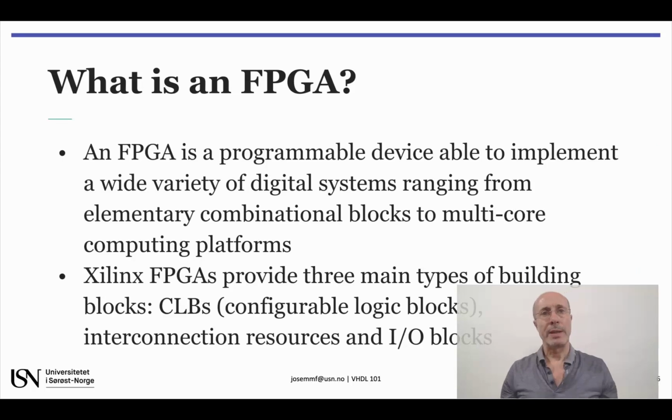In general terms, we can describe an FPGA as a programmable device supporting the implementation of a wide variety of digital systems, which can extend from very simple combinational functions, such as the simple 2 to 4 decoder, up to multi-core computing platforms. The building blocks provided for this purpose are of three types: configurable logic blocks, interconnection resources, and input-output blocks.